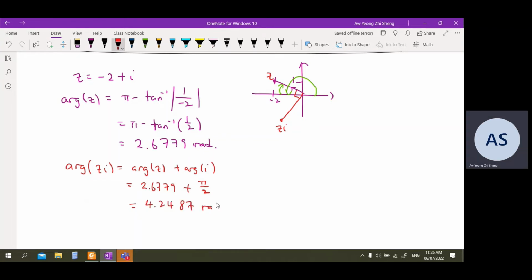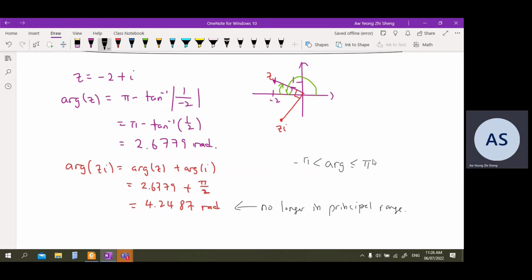4.2487 radians. But however, this is no longer in the principal range. Recall that the principal range for an argument is from negative pi to pi. But 4.24 is already more than pi. It's already beyond pi.